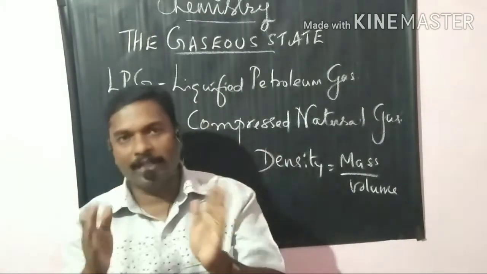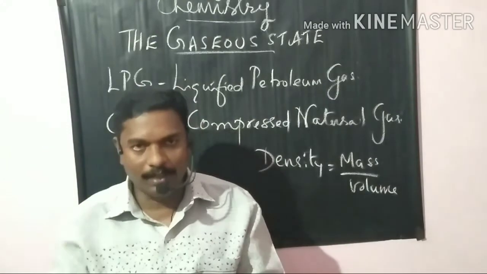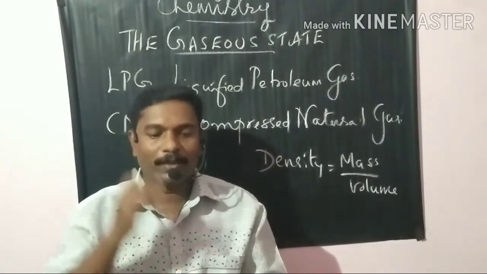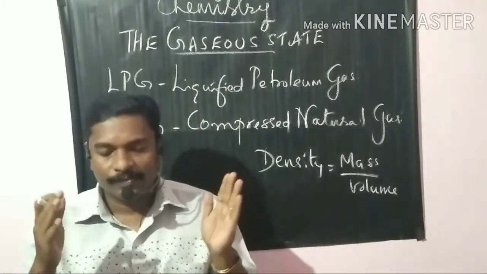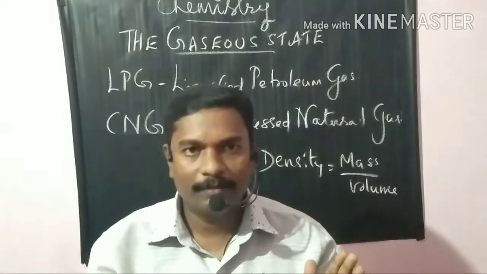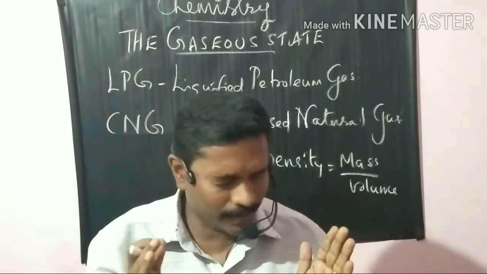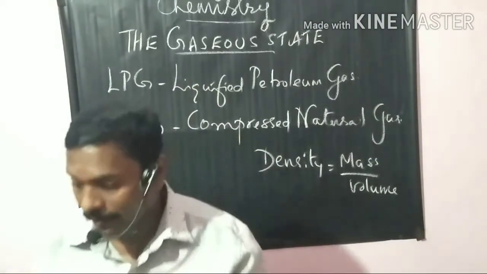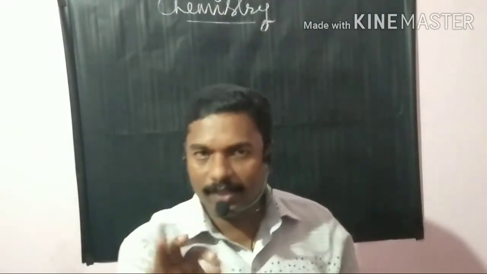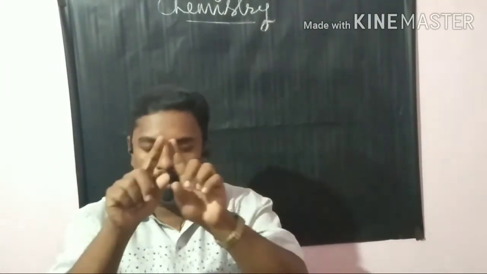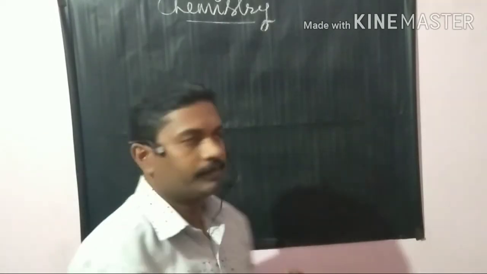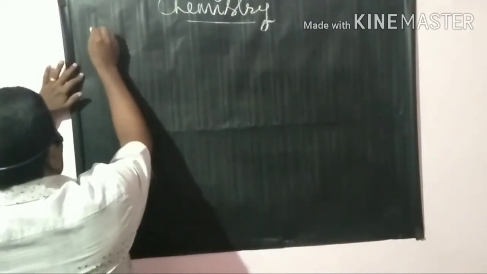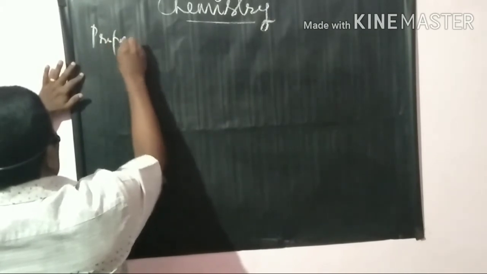So let's make a table to compare the characteristics of the three states of matter. Okay? After the class, you have to make 4 columns in the notebook. The first column is the property.